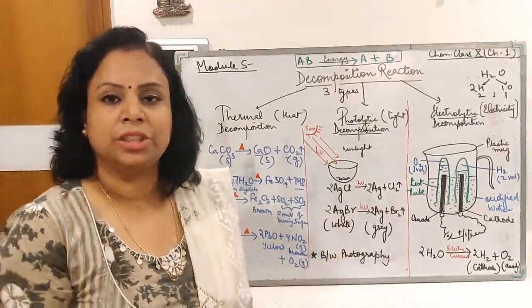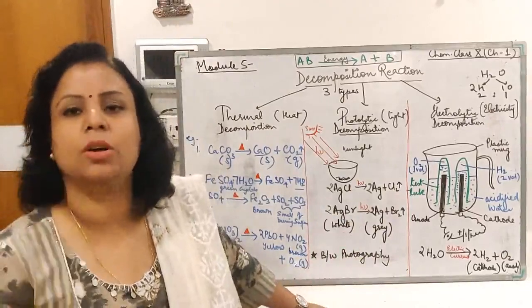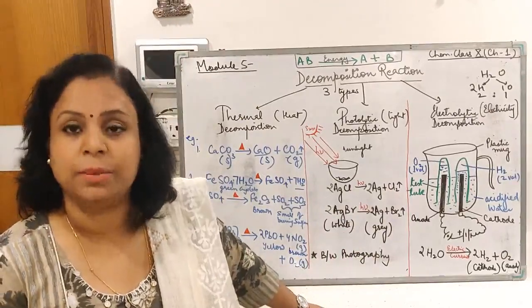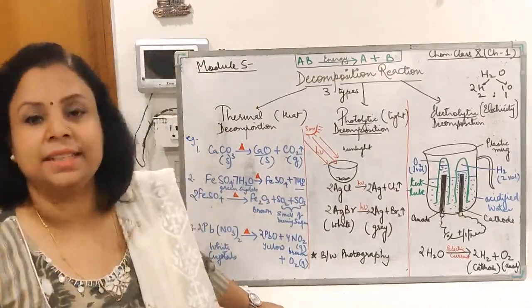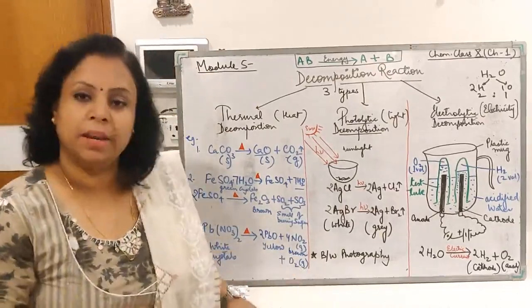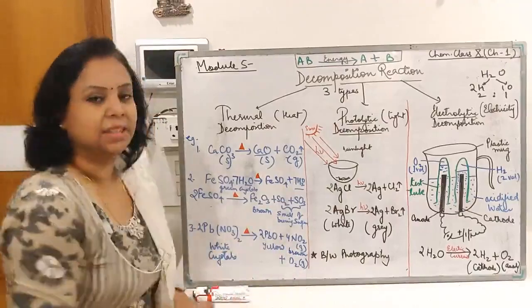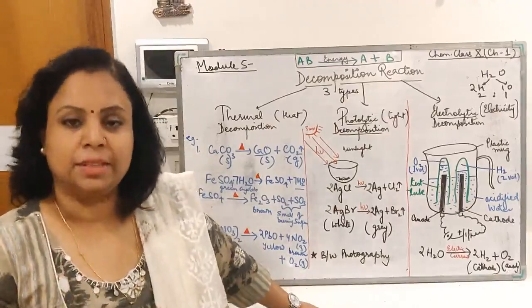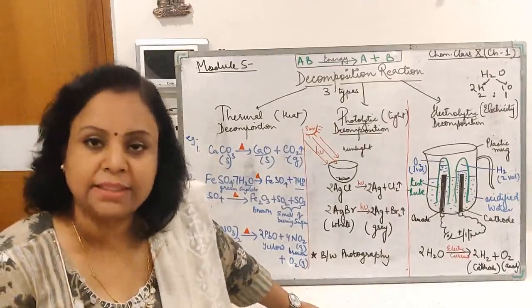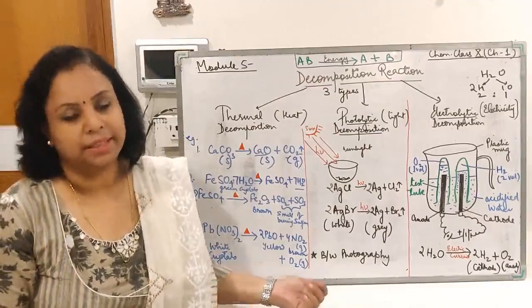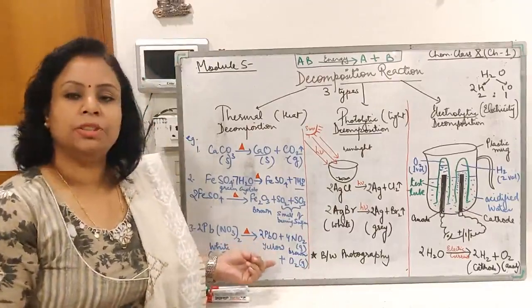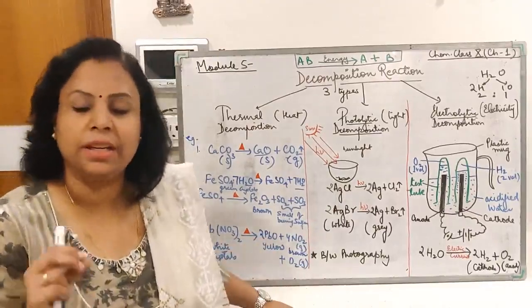Now, this reaction can easily be identified because of the evolution of brown gas, but it is not the only gas that is released. Apart from NO2, oxygen gas is also released. So, a mixture of two gases, nitrogen dioxide as well as oxygen is released, along with formation of this residue which is yellow in color.